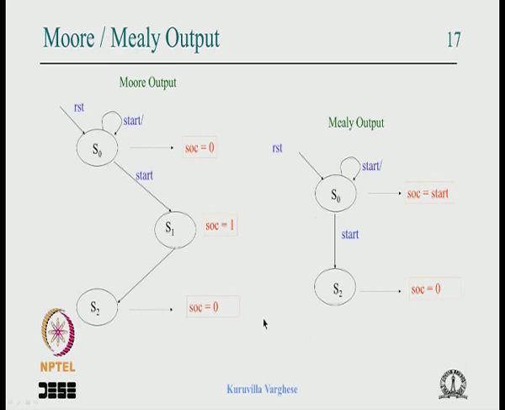So I think you get the picture, and as I said, you see an advantage: there is one state less. You can imagine in a huge state machine with a lot of outputs that can be made Mealy outputs, you get fewer states, so the number of flip flops could go down.